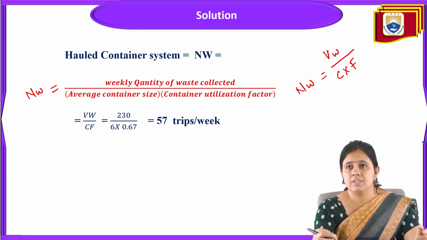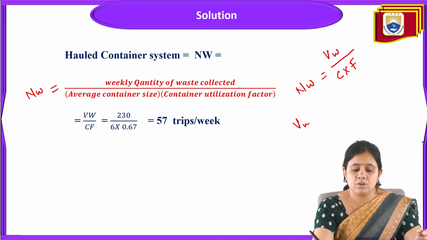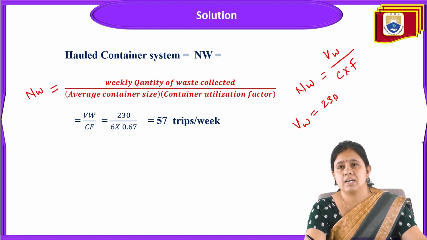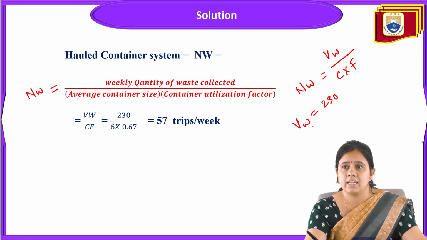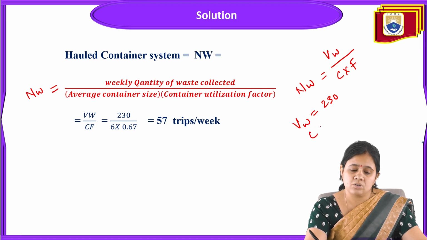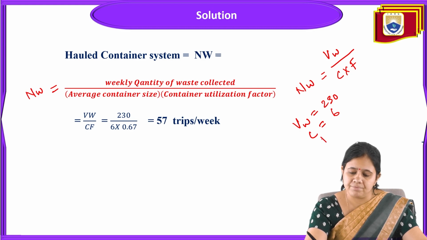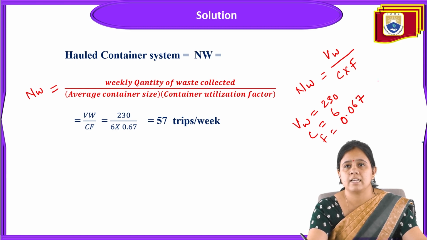As we know, VW, the weekly quantity of waste collected, is equal to 230. The average container size C is equal to 6, as given in the data, and the container utilization factor F is equal to 0.67.